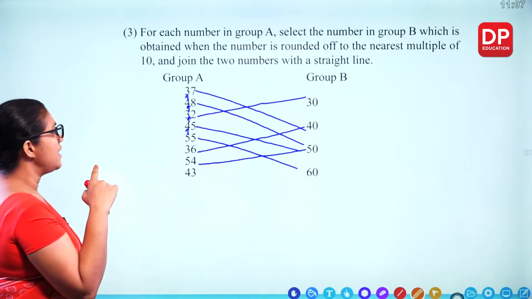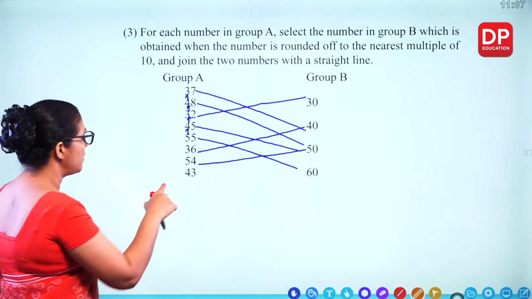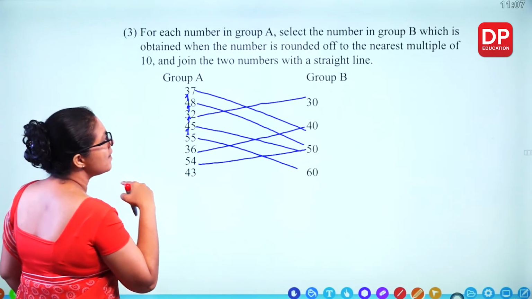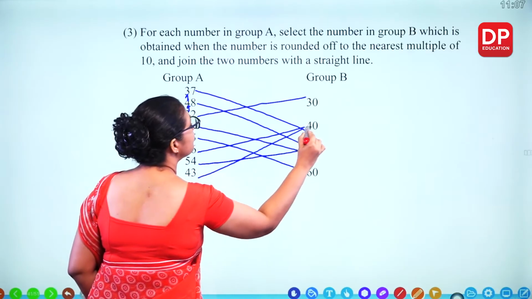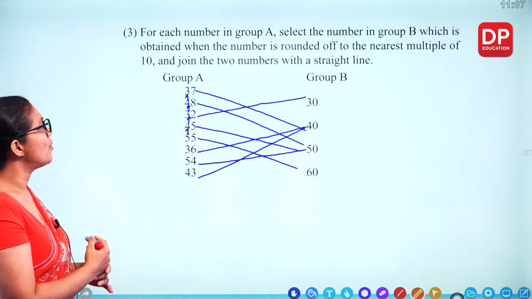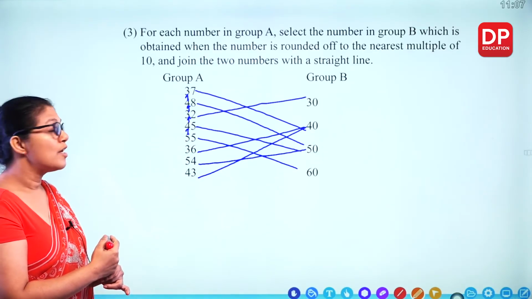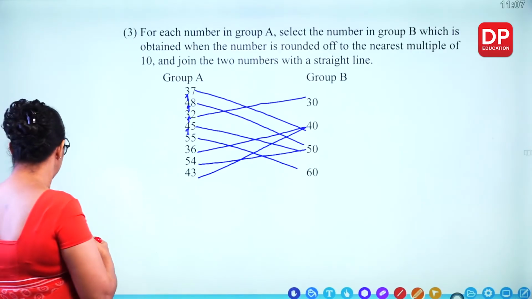And 43, you don't need to add 1 because it's less than 5, this becomes 40. So we know how to round the numbers to the nearest 10.